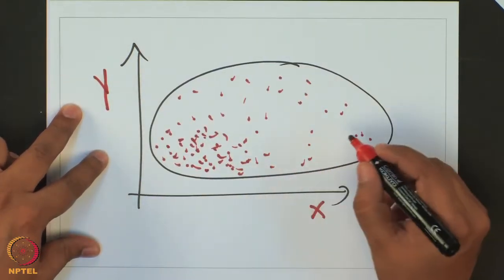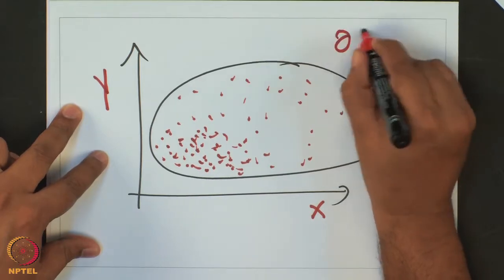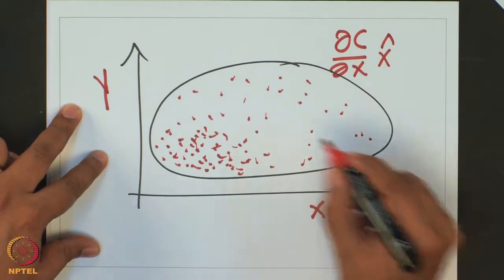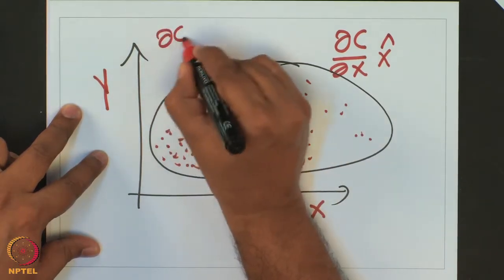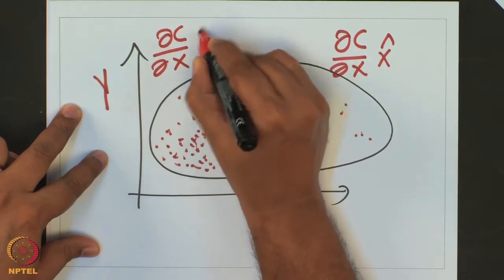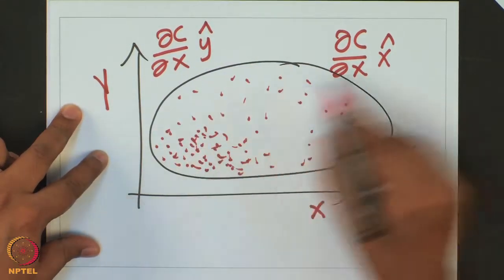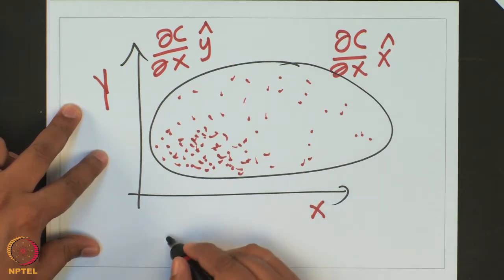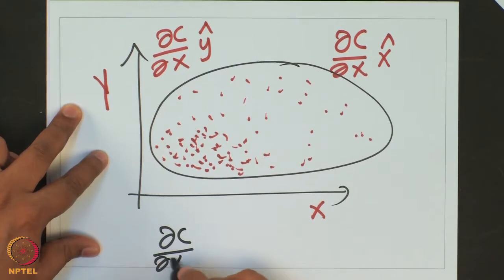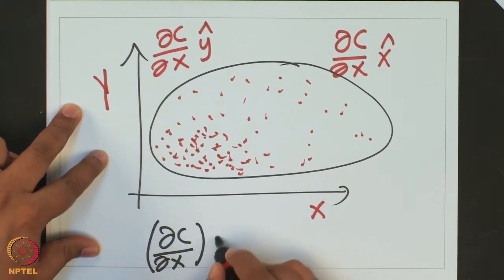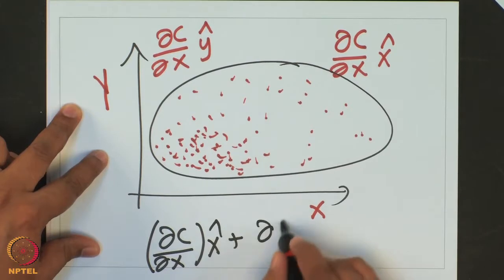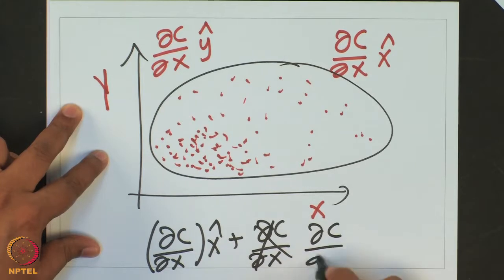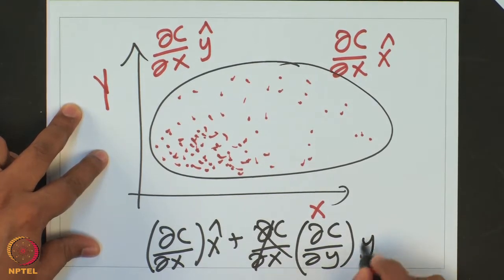So the change in concentration along the x-axis can be written as del C by del x along x cap, and the change in concentration along the y-axis can be written as del C by del y along y cap. These two things combined together, I could write del C by del x along x cap plus del C by del y along y cap.